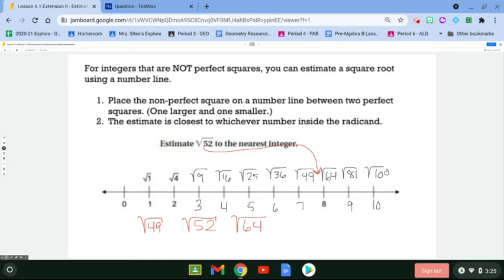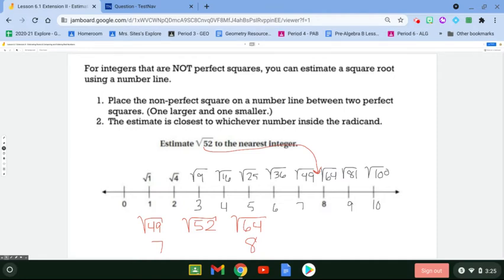When I'm thinking about what my answer is going to be, I know that the square root of 49 is 7, and I know that the square root of 64 is 8. So when I'm trying to estimate the square root of 52, I want to see which number it's closest to.